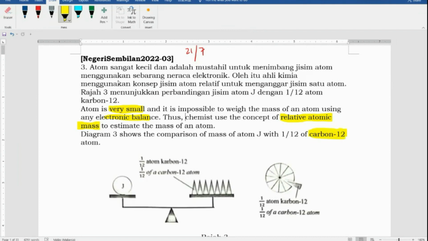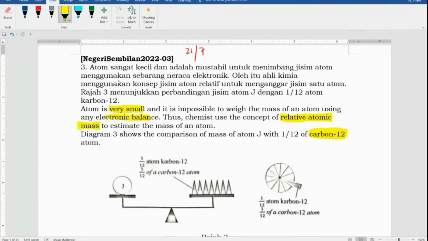Okay, carbon 12. So you can have a look here. This one is taken out as 1 unit of carbon 12. It is divided into 12 units, like this.